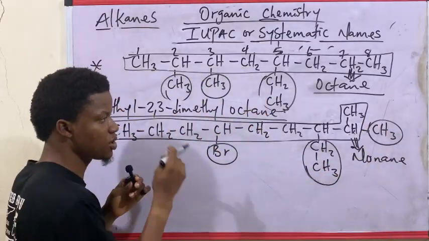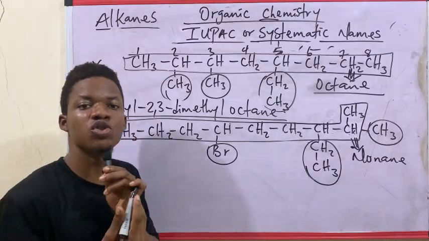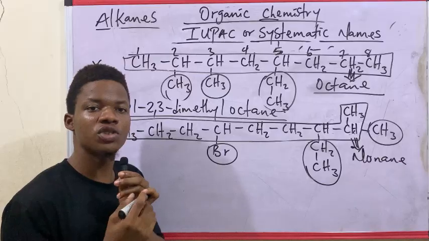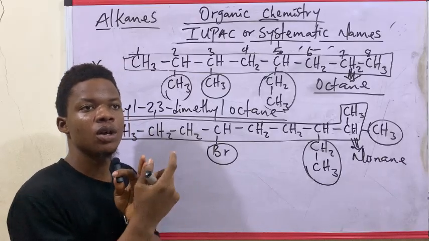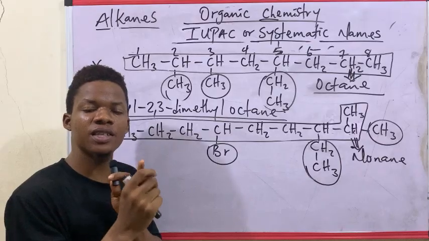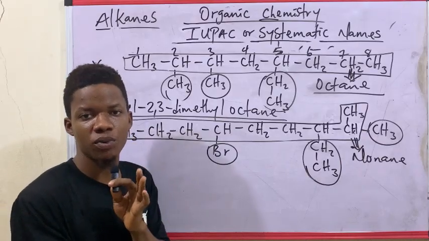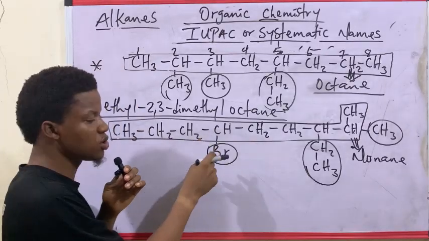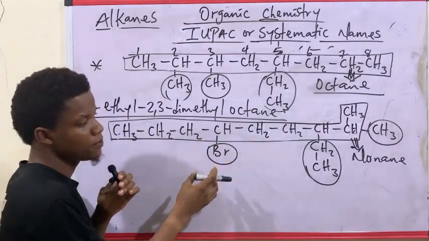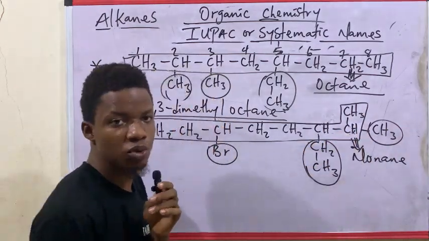So now, which numbering direction will give us the least possible number, or in which direction do we have the first substituent at the smallest number possible? From here, 1, 2, 3, 4. So the first substituent is on carbon 4. From here, 1, 2. The first substituent is on carbon 2.